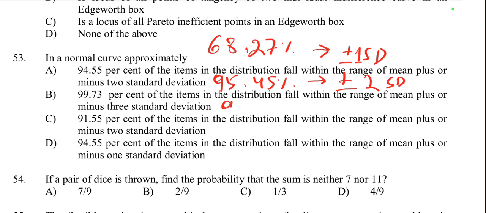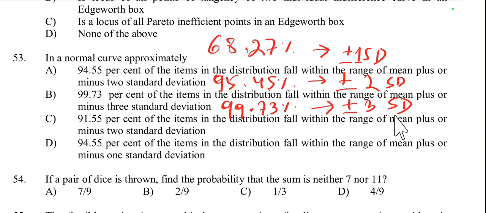Then the third one is approximately 99.73% of the data, it falls within plus minus 3 standard deviation. So plus minus 1 standard deviation, 68.27% data falls within this. Then 95.45% falls within plus minus 2 standard deviation, and 99.73% data falls within plus minus 3 standard deviation.